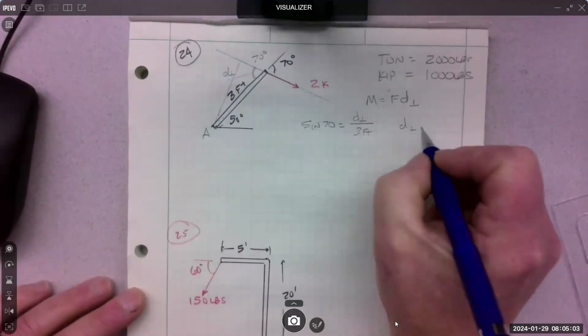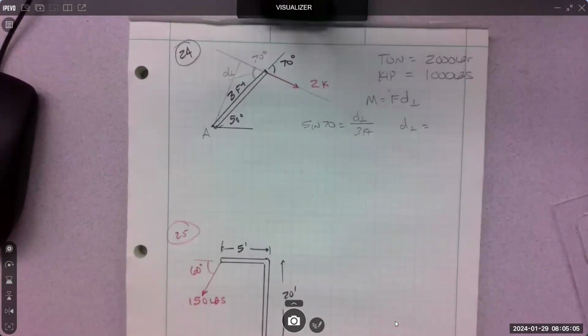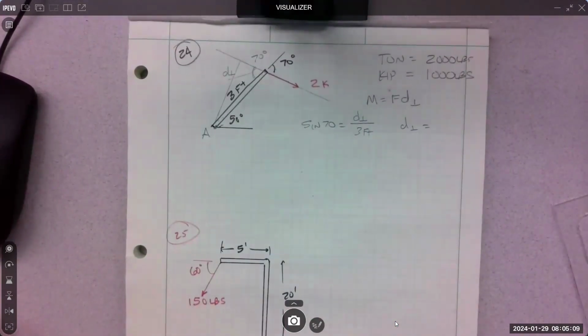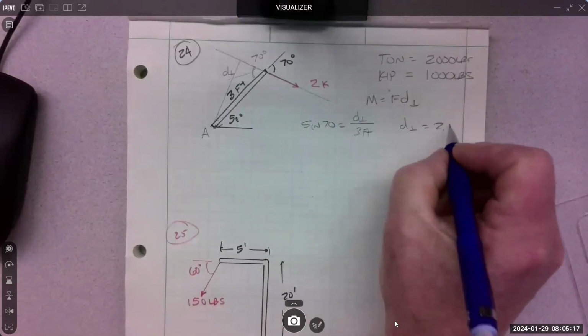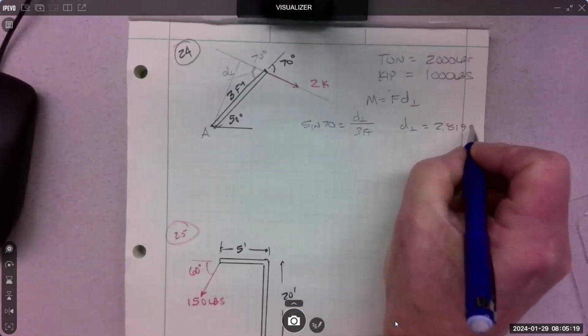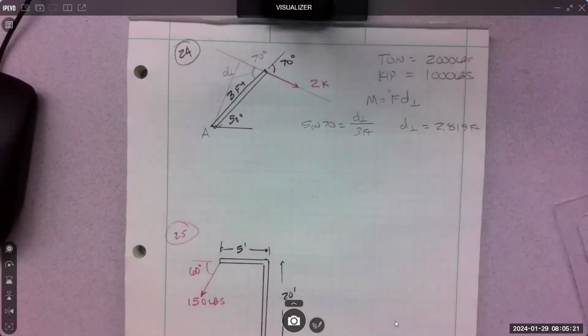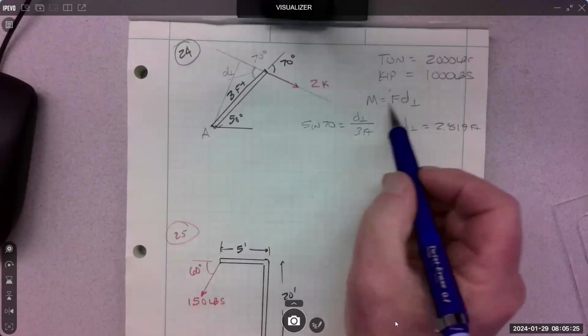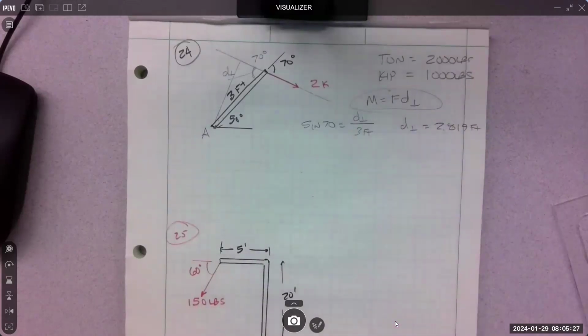So the distance perpendicular is 0.819 feet. You didn't have to do it this way, but I just want to show how to use that formula directly.